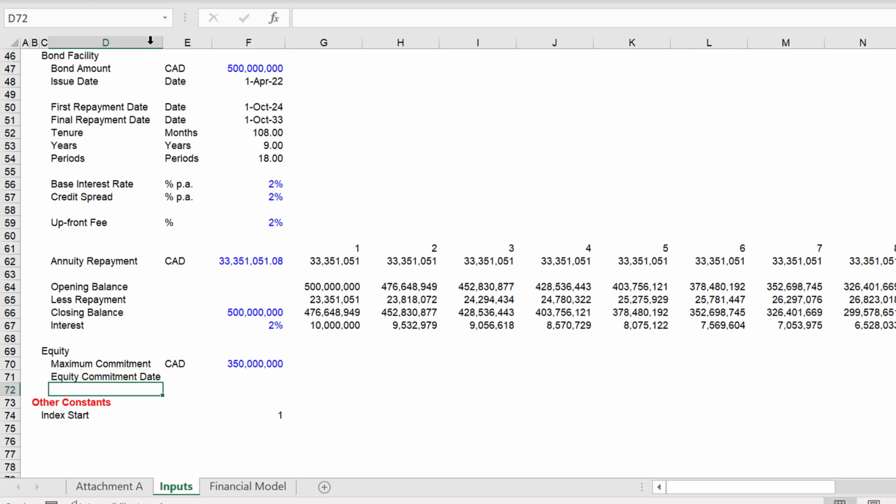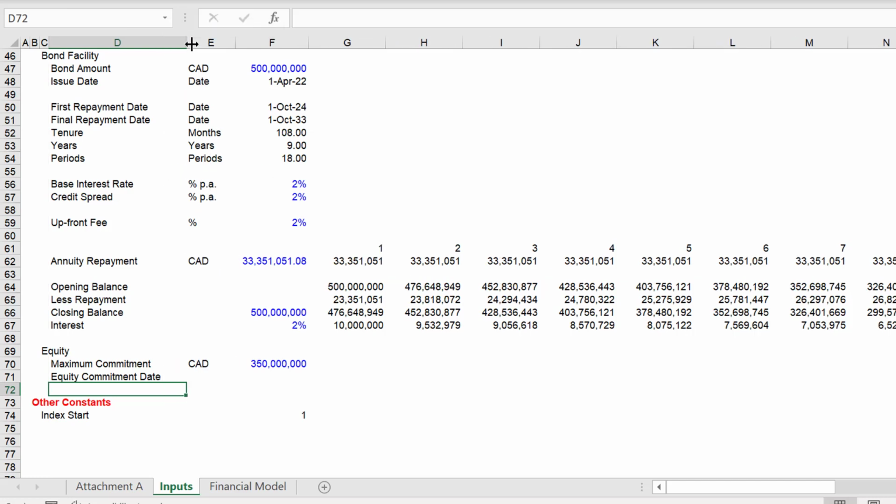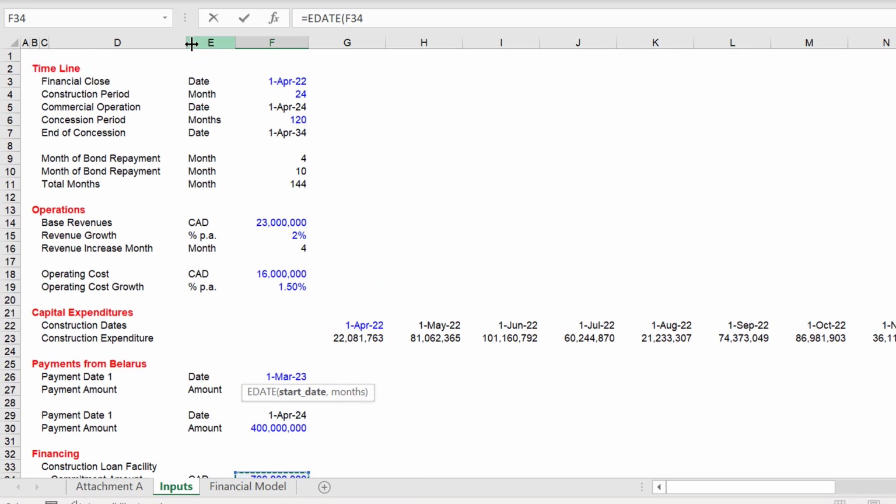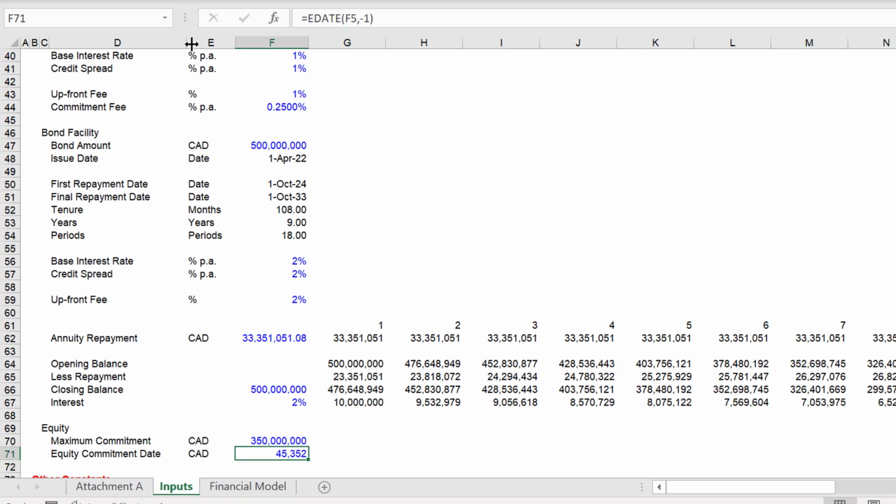Okay, and we'll put this in this one, and we'll put this at the date of commercial operation. And remember, we're going to do that just the date before. And Shift Control 3 we can use.